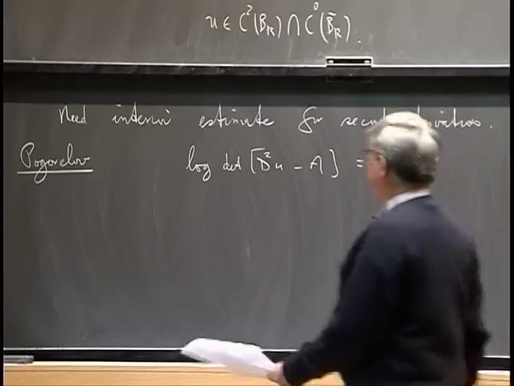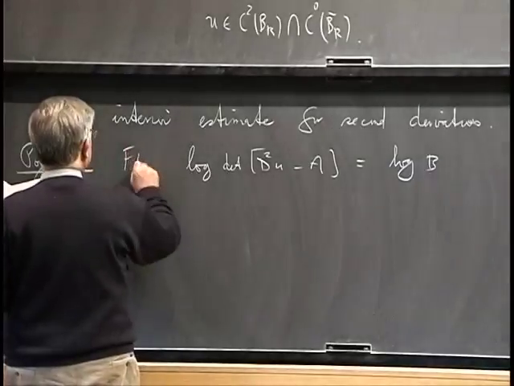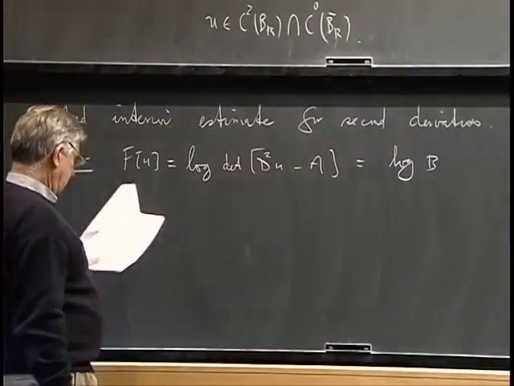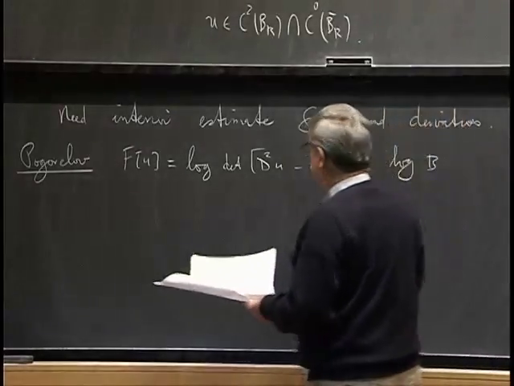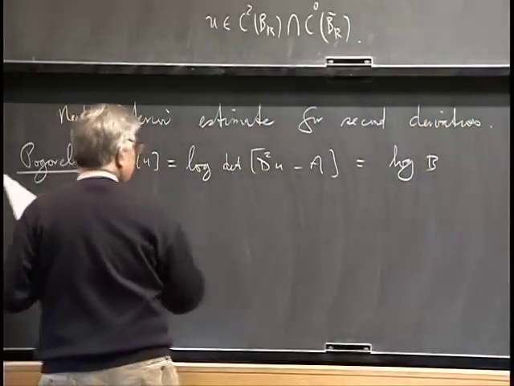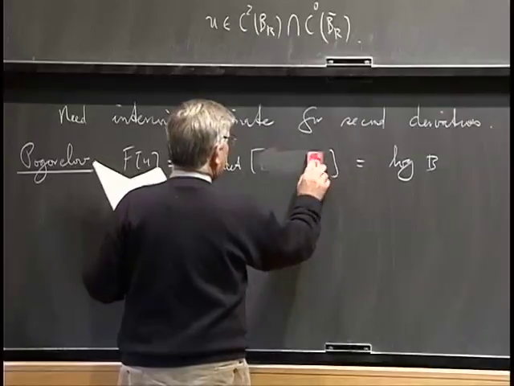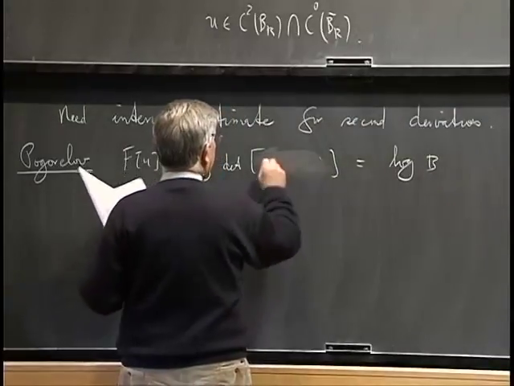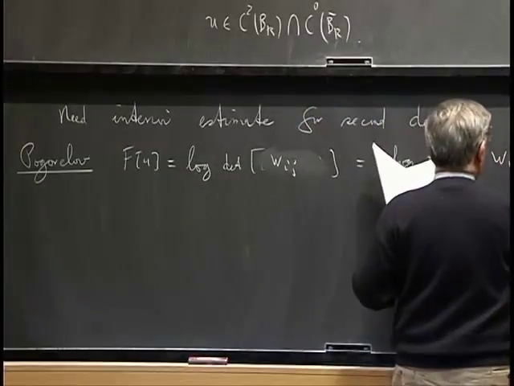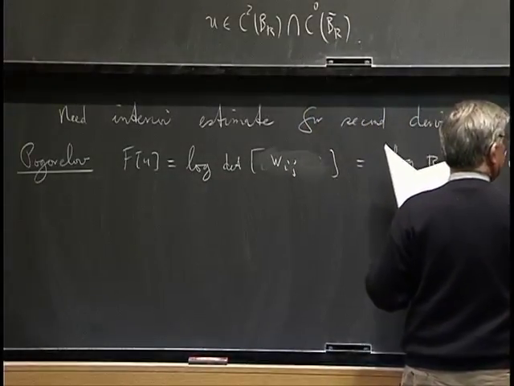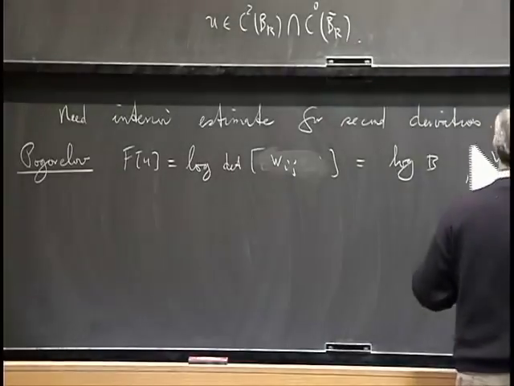So we take a new operator. I'll just use the same f again. And I'll write this a little differently. Let me just write this as a determinant of a matrix Wij, where Wij is my Uij minus my Aij.